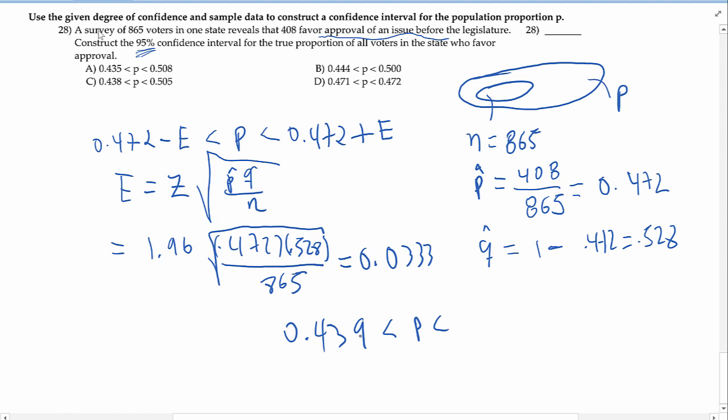The upper limit is going to be 0.472 plus 0.033, which is 0.505. Okay, so we see the closest answer is going to be C. All right, very close. Very good. So let's move to the next problem.